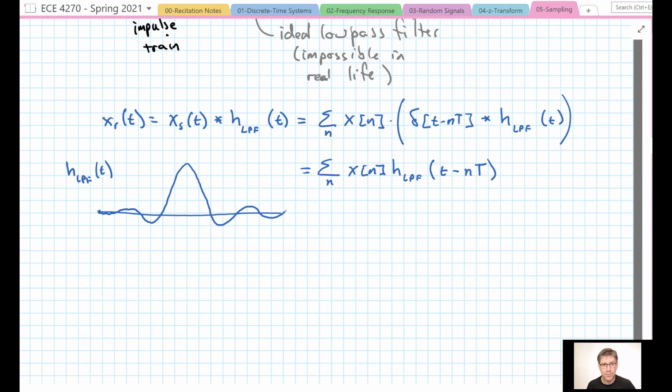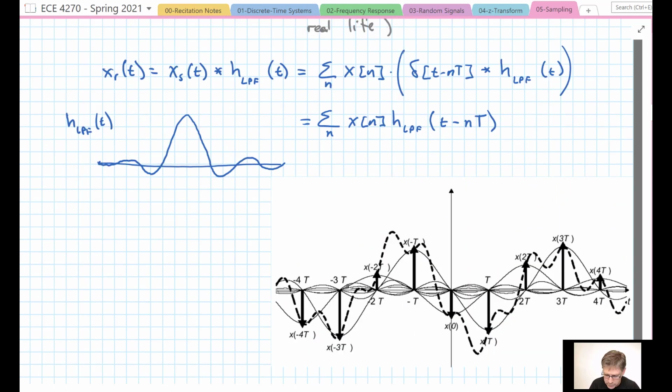Well, given that ideal low-pass filters are hard to come by, we could use non-ideal low-pass filters. But first, I've magically copied in here an example of what reconstruction with the ideal low-pass filter might look like.